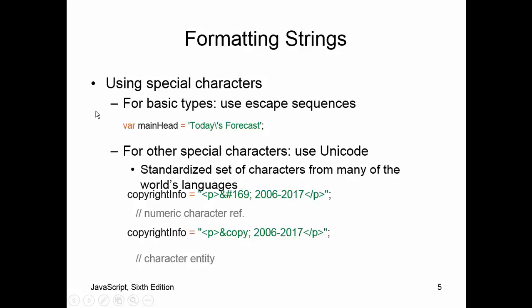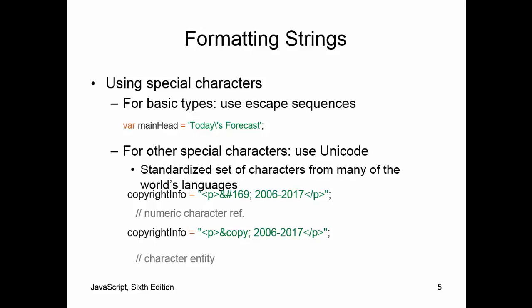You may want to format strings in different ways. In the example they show right here, if we didn't put this backslash here, and we put today's forecast with just single quotes, we get an error message because the system sees the beginning single quote and then it would see the next one and think that string is over with. So it wouldn't know how to handle the rest of it. But what we're doing right here is escaping the meaning, giving it a different meaning.